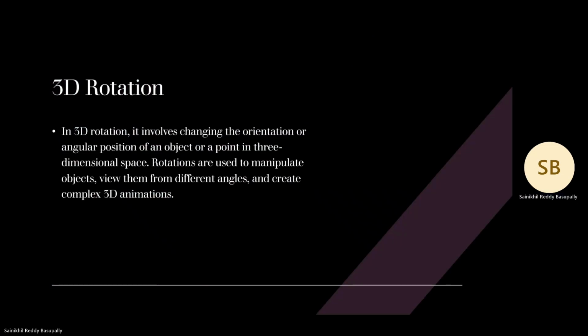Now let's talk about 3D rotation. So 3D rotation involves changing the orientation or angular position of an object or a point in 3D space. Rotations are used to manipulate objects, view them from different angles, and create complex 3D animations.